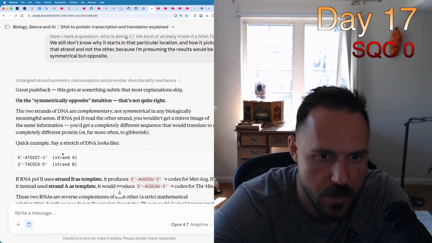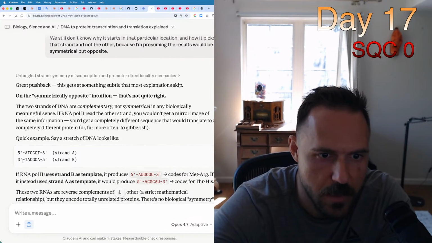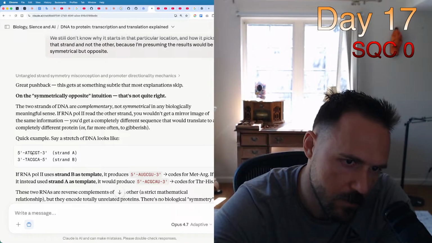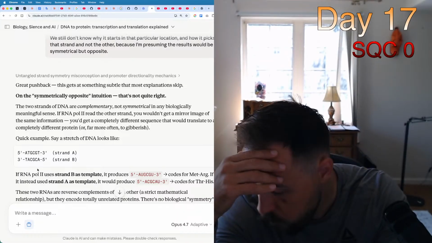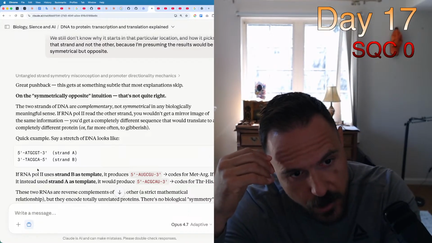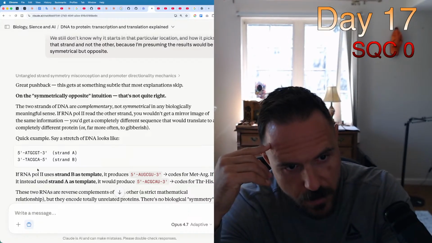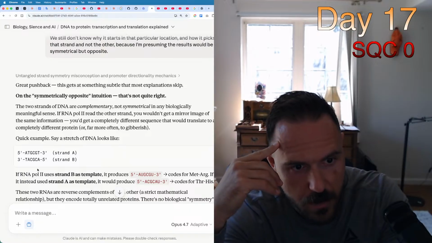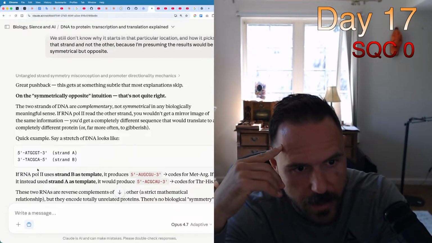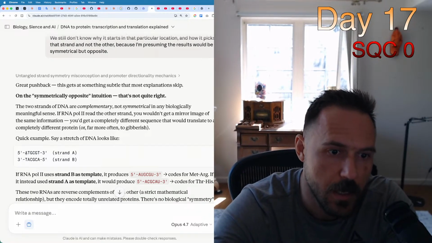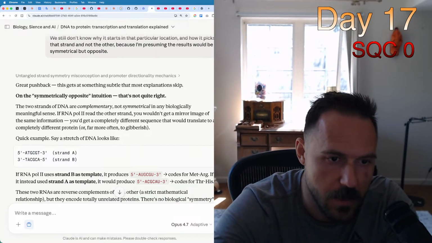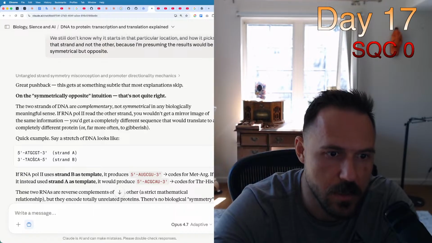Quick example, say strands A, I need to know that annotation. So it's ATGCGT and TACG. It's not the other strand, yeah. Oh no, A matches T, yes, yes. A to T, G to C, yes.